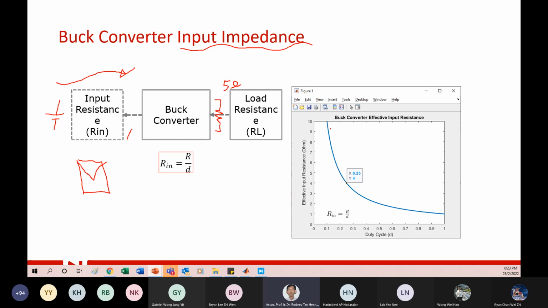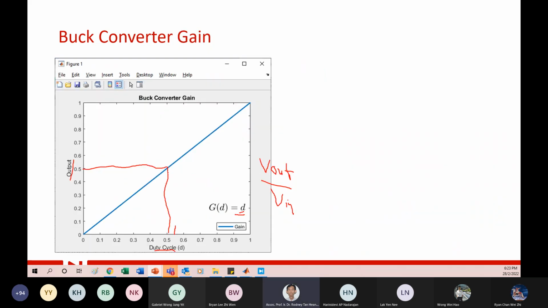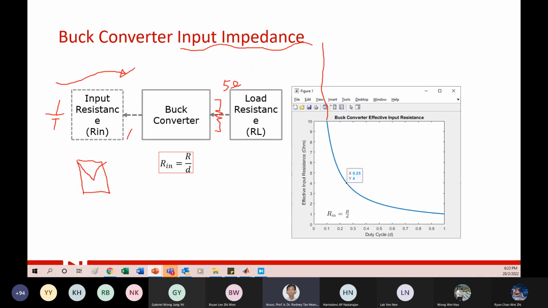The top one is almost infinite already, you go all the way up. You can see that this graph is an inverse, what we call exponential. That means the gain is linear, but for the input impedance, it's an inverse exponential.